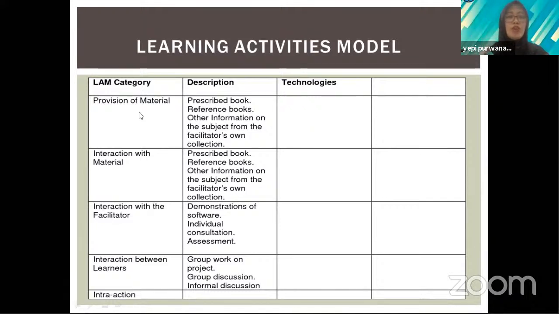In the provision of material, for example, you can use Screencast-O-Matic. This is one of the applications that's quite easy for me for making video, in delivering the material to the student as a replacement of your whiteboard. So you can make the material and then share it to your students by using Screencast-O-Matic.